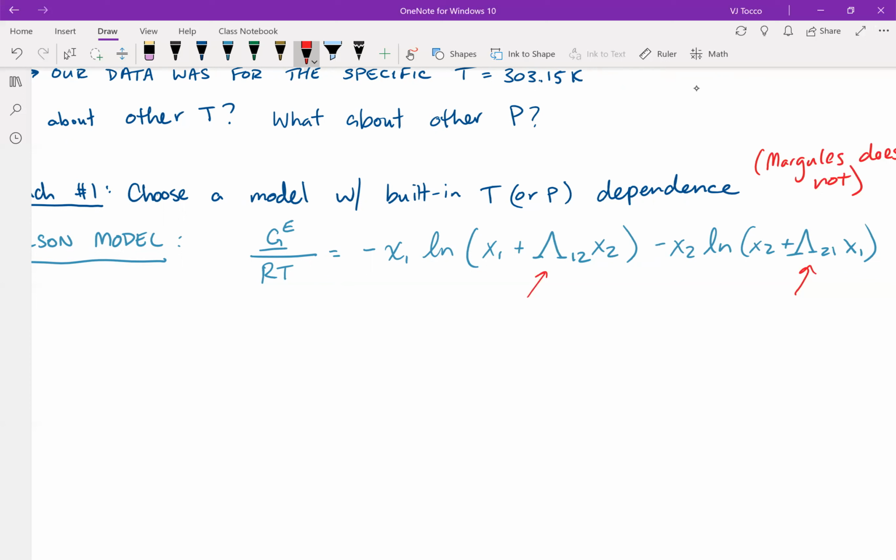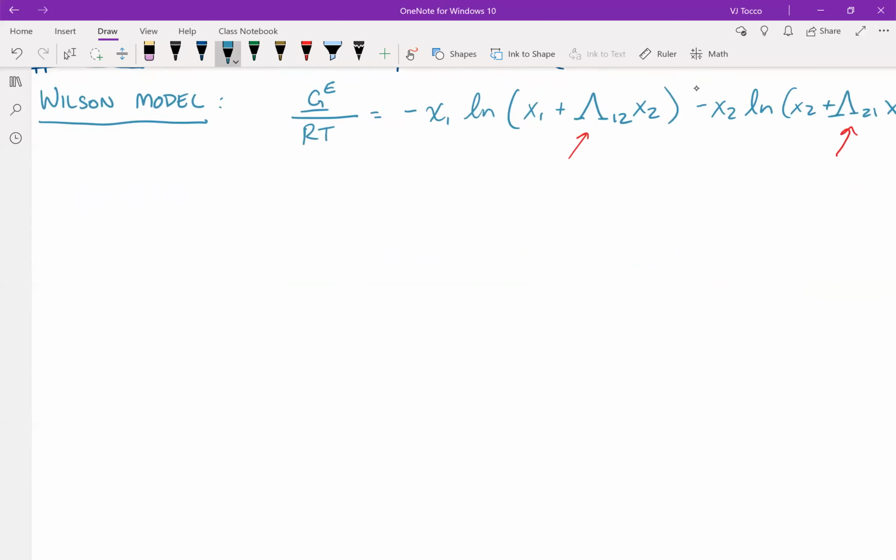Now you may look at this and say, where's the temperature dependence in this? I will show you in a moment after I talk about the activity coefficients. In order to obtain the activity coefficients, you'd follow the same approach that I showed you in Friday's video, which is you would say that ln of gamma 1 is equal to the partial derivative of nGE over RT with respect to n1 at constant T, P, and n2.